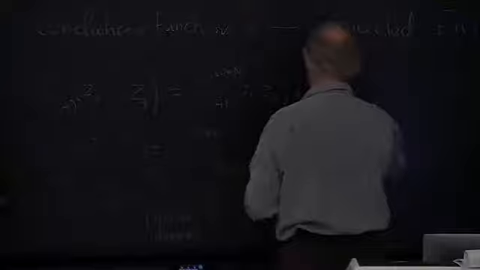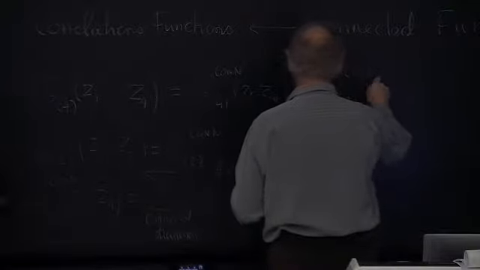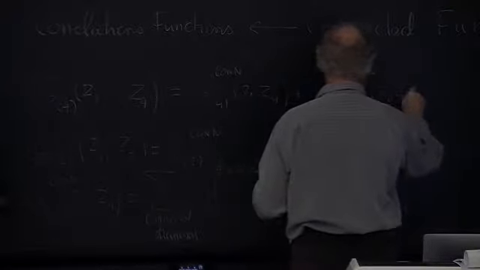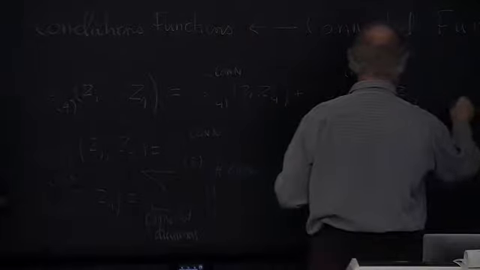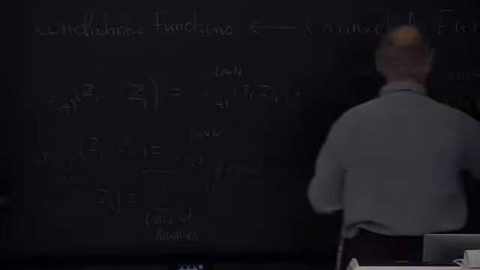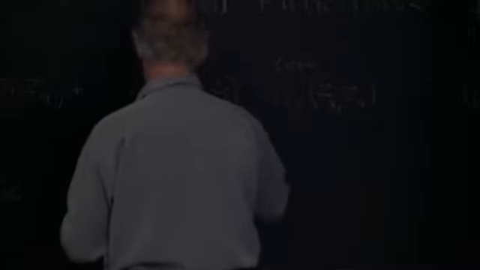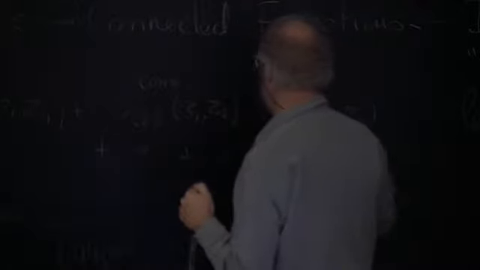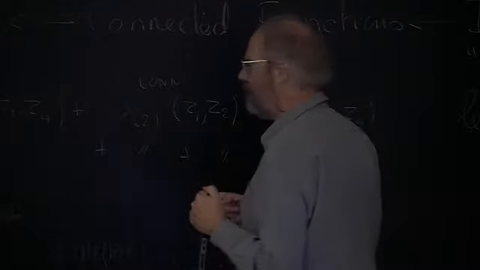So G2 connected of z1, z2 times G2 connected of z3, z4 plus the same thing by taking z1, z3 and z2, z4, and z1, z4 and z2, z3.